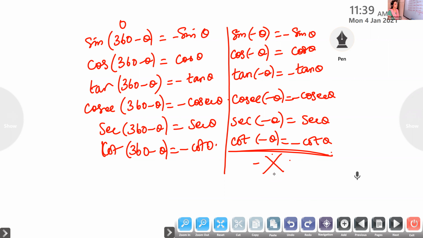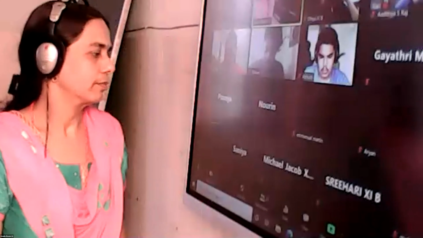Is it okay? Now we can start solving problems based on these formulas.